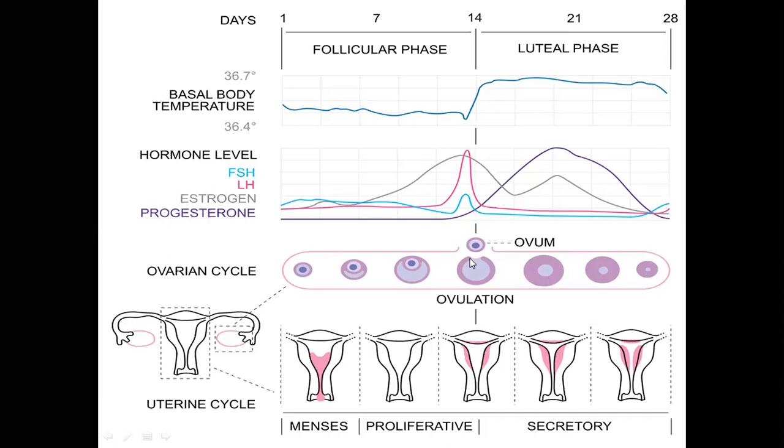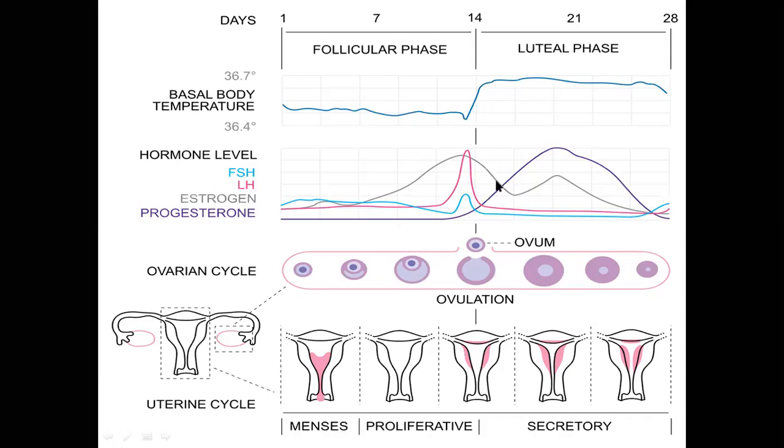And this Graafian follicle, the sac that remains, will convert into the corpus luteum, and that will start production of progesterone, right? After ovulation there will be an increase of progesterone. Why? Because this corpus luteum starts producing progesterone, and this progesterone will maintain the endometrium lining thick.